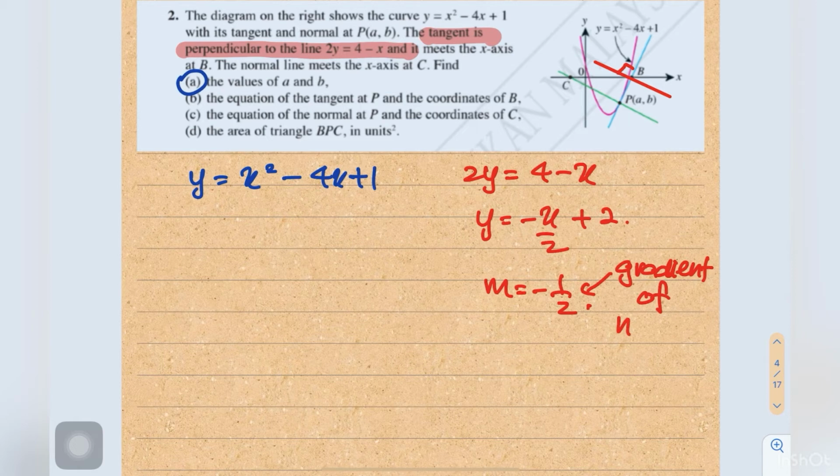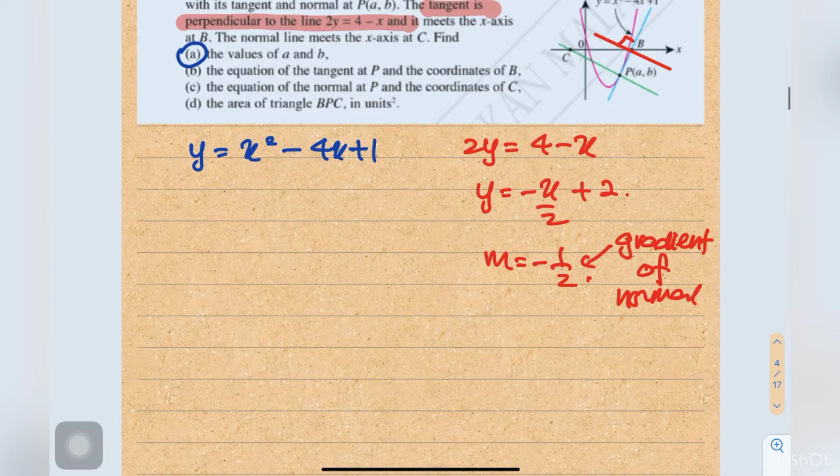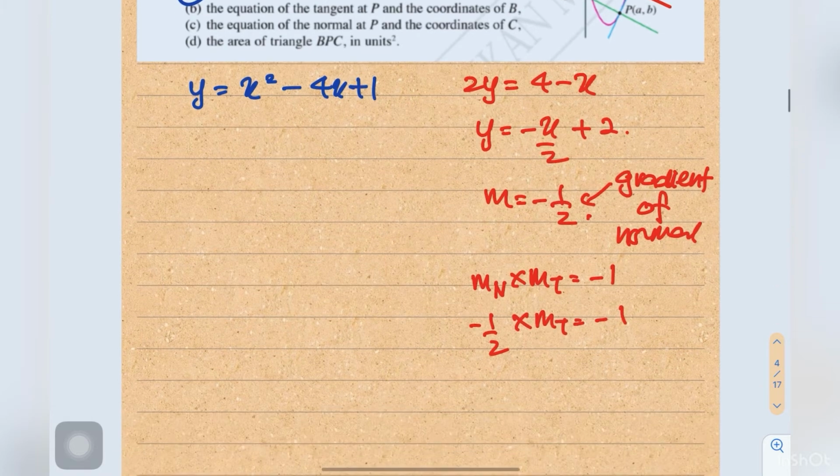So to find the gradient of tangent, we use gradient of normal times gradient of tangent equals -1. So normal is -1/2 times gradient of tangent is -1. So gradient of tangent equals 2.